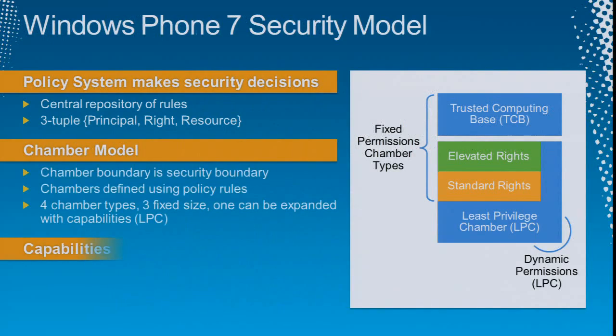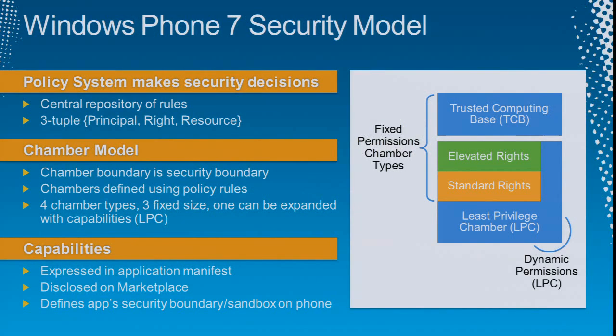Here's a little easier diagram to see on the security model. You can see the number of chambers, and most apps run in the least privileged chamber. We have 4 chamber types. The capabilities are pretty straightforward.